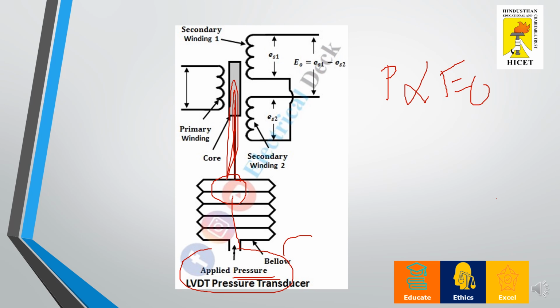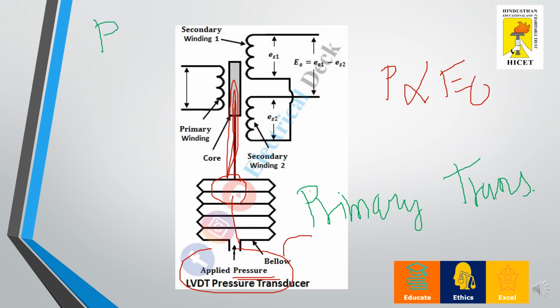So I call this bellow my primary transducer, because it is not possible for me to convert the pressure directly into the electrical voltage. In between, I need a primary transducer, and that is the bellow. It first senses the pressure, and this pressure is converted into a displacement.